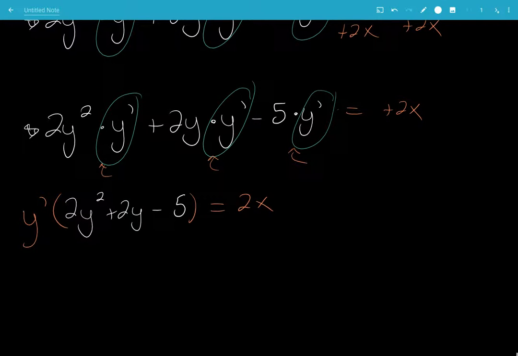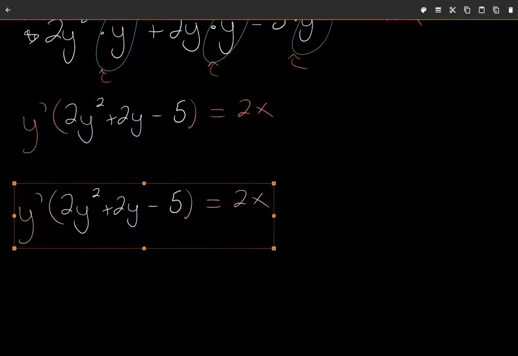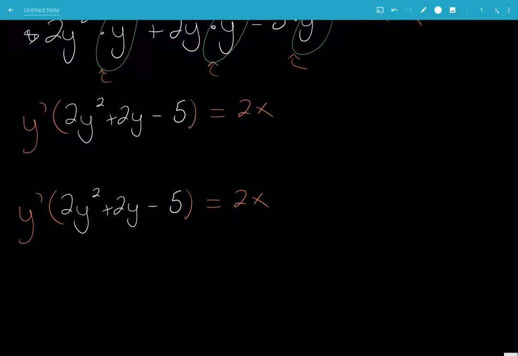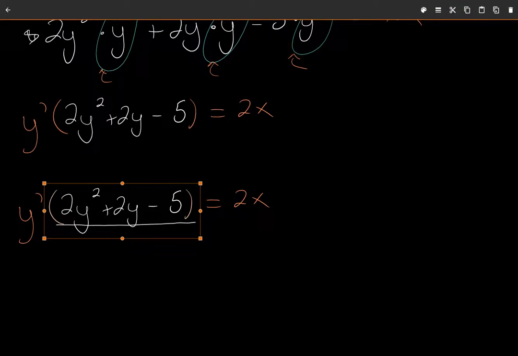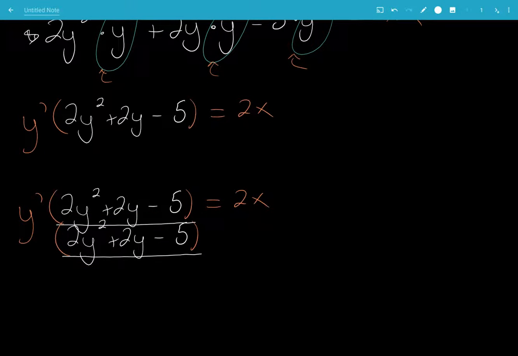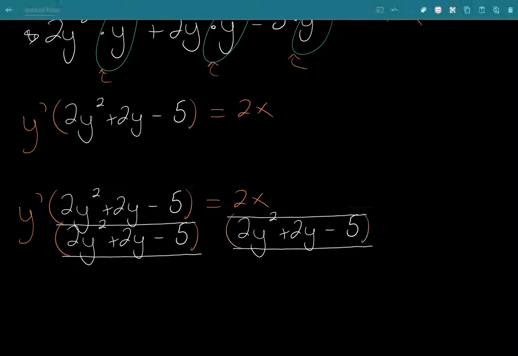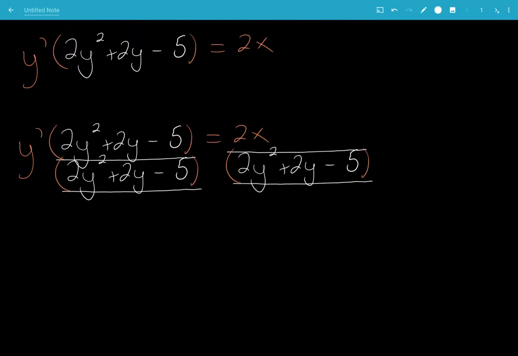I'll divide both sides of this equation by that little piece right here that's in white. Copy and paste that. And copy and paste it over here. So now, when I divide these two, well, anything divided by itself is 1.